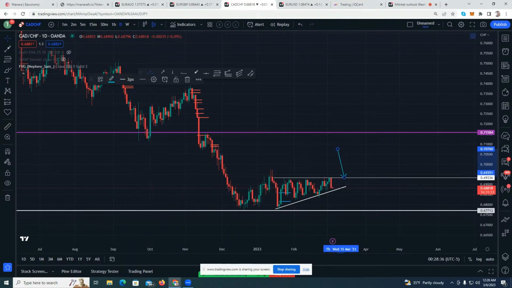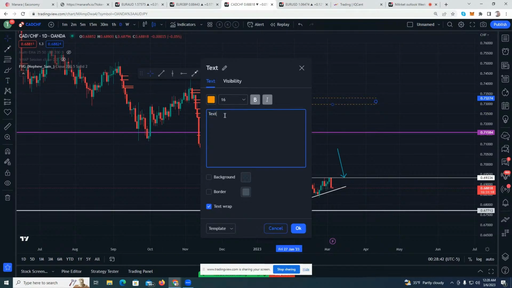Now this formation is what we call an ascending triangle.